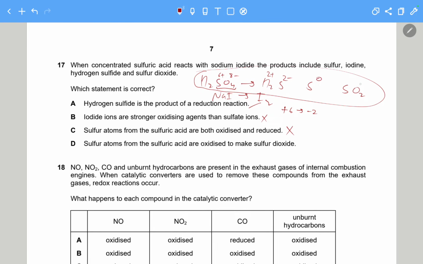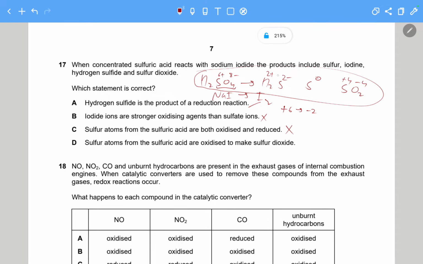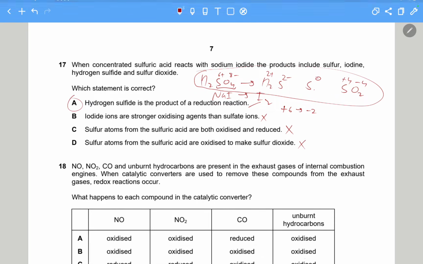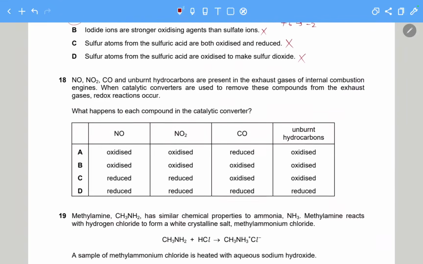If you look at SO2, the 2 oxygens -4, sulfur +4. So overall, sulfur is going from +6 to -2 in H2S, +6 to 0 in elemental sulfur, and +6 to +4 in SO2. So only reduction of sulfur is happening. This option is wrong as well. It has to be A.